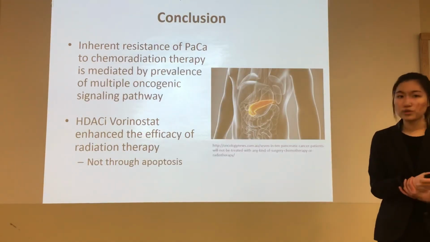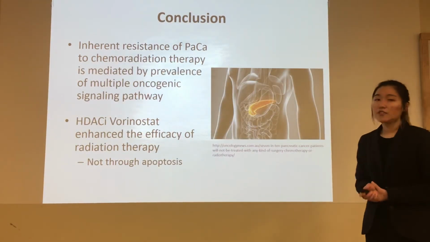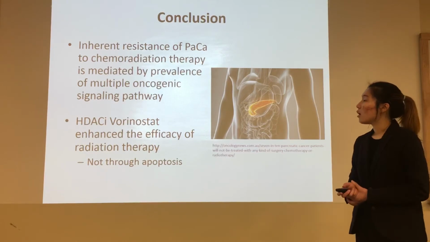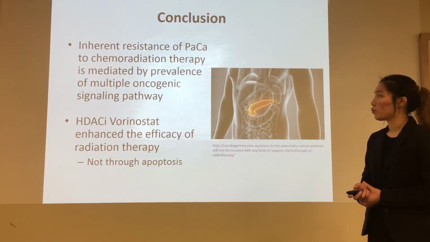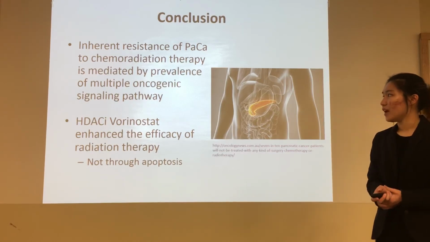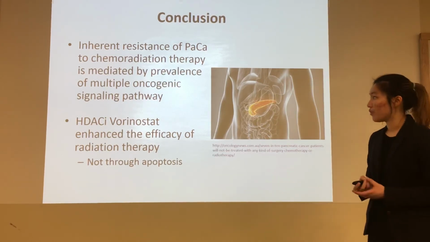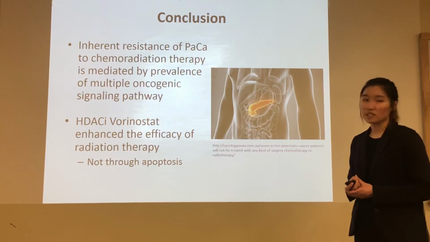So what can we conclude from this result? I have mentioned earlier that pancreatic cancer cells have inherent resistance to chemoradiation therapy, and that is mediated by the prevalence of multiple oncogenic signaling pathways.